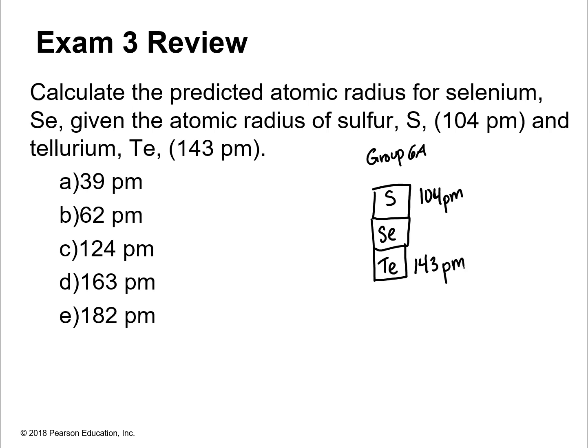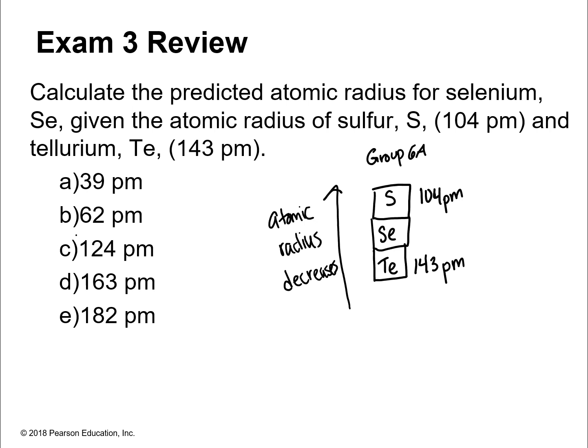Now we should already know the trend for atomic size or atomic radius. As you go up a group, the atomic radius decreases. And since we have the radius for sulfur and tellurium, that means that the radius for selenium has to be somewhere in between those two.